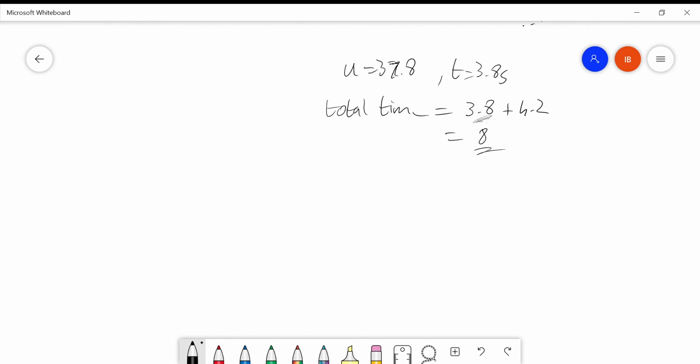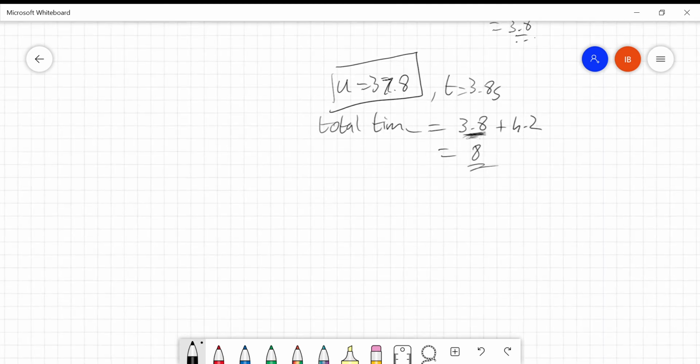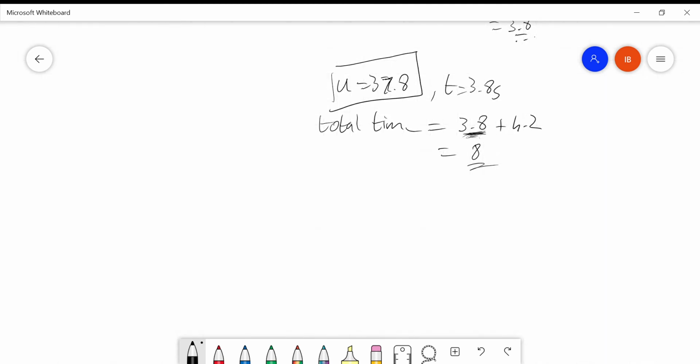And for the time of 3.8 seconds, the velocity after the impact will be 37.8. So velocity of the ball after striking the floor is 37.8.